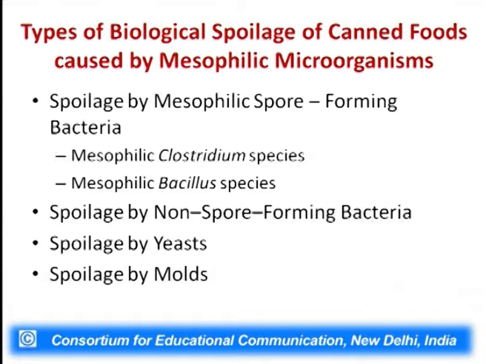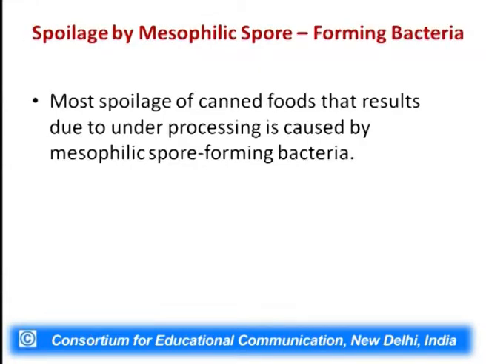Mesophiles also include non-spore-forming bacteria, and spoilage can also be carried out by yeasts and molds. Most spoilage of canned foods that results due to underprocessing is caused by mesophilic spore-forming bacteria.